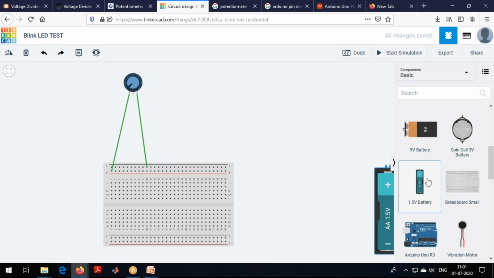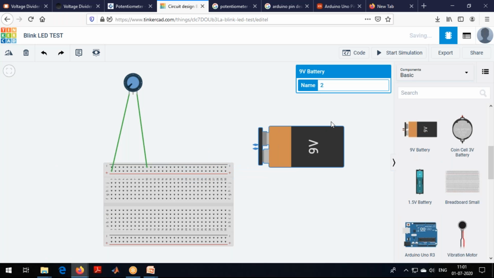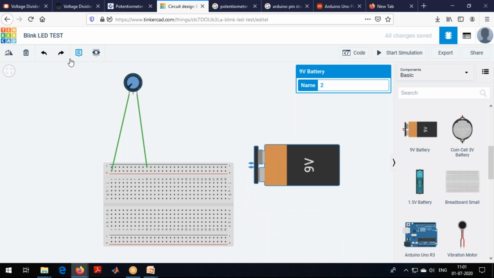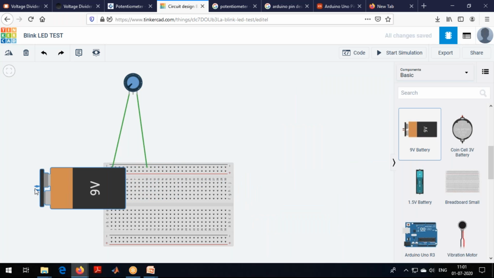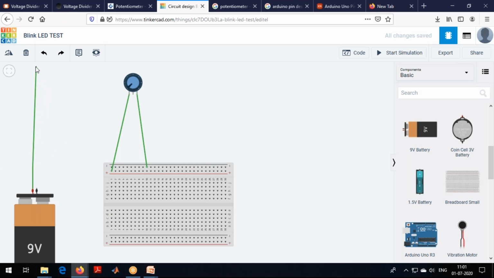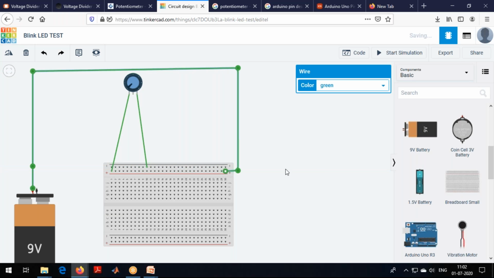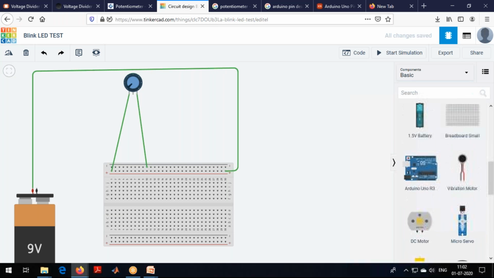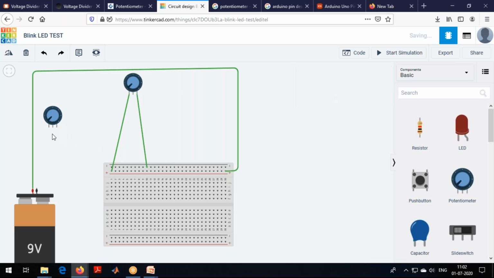I'll connect here. Now this is the same as connecting this potentiometer point to this positive terminal.